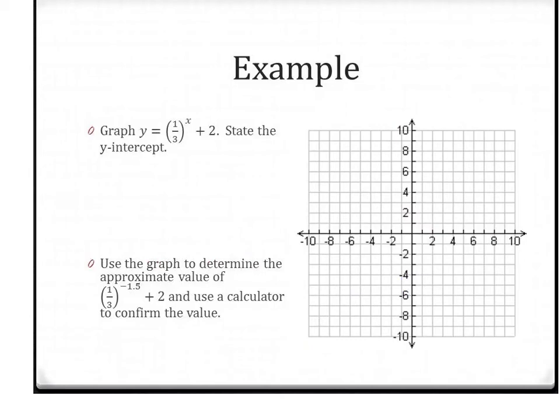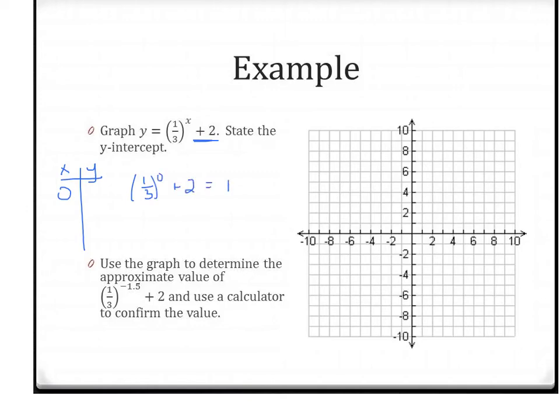So let's try one more time to see our accuracy, and this time we have this extra here, this +2. That is going to actually move our graph up 2. Alright, so I'm going to still start with 0, but this time, so we get 1/3 to the 0 plus 2.